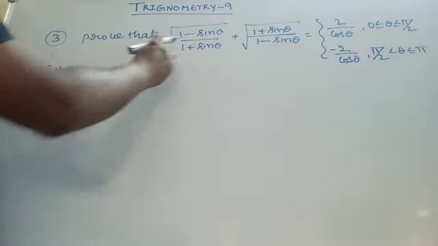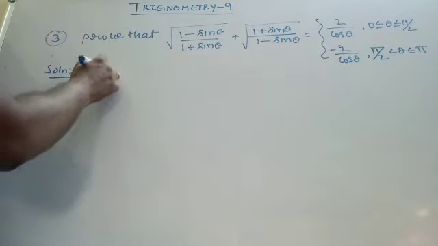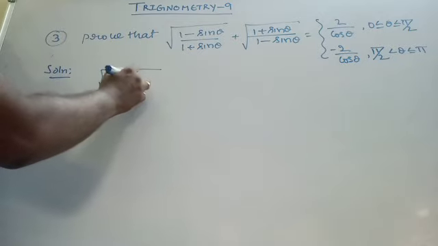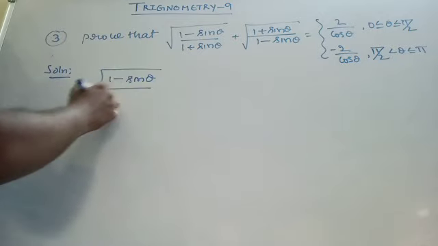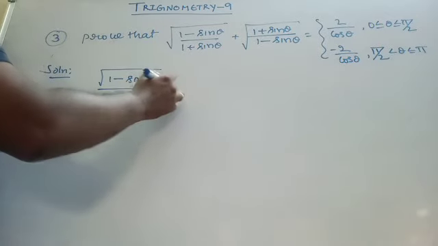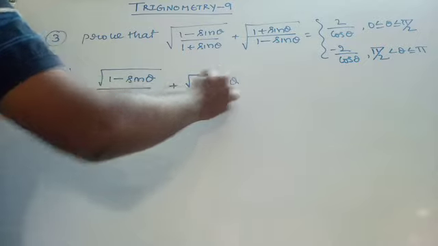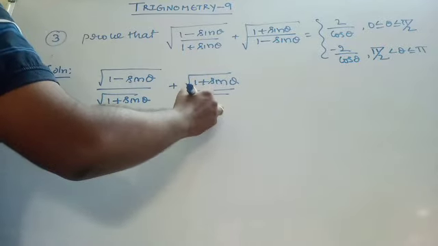Let us take the LCM part. We can write this as square root of 1 minus sin theta by square root of 1 plus sin theta, plus square root of 1 plus sin theta by square root of 1 minus sin theta.